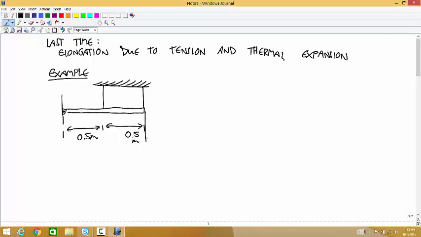And there's a downward force applied at the end of 5,000 newtons. What are the reactions?